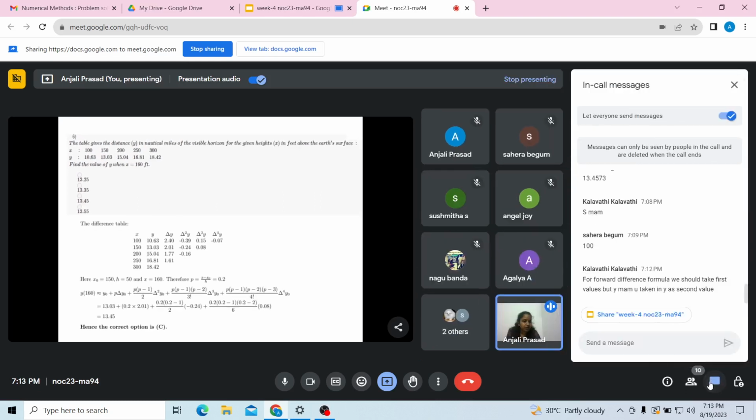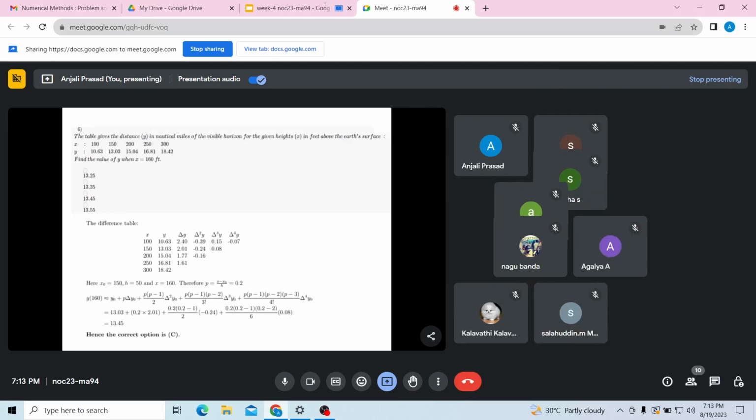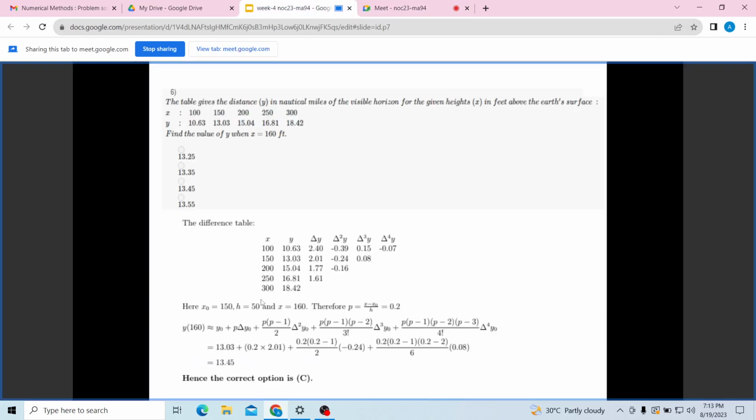For the forward difference formula, we should take the first values, but for y we had taken the second value. We have taken the first values now. See here.